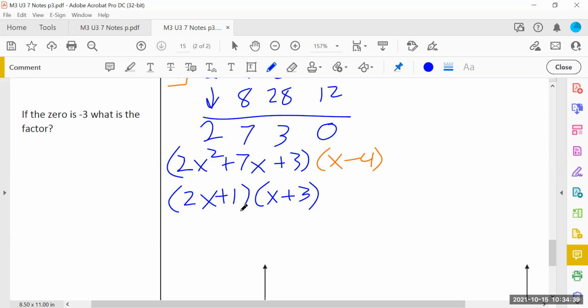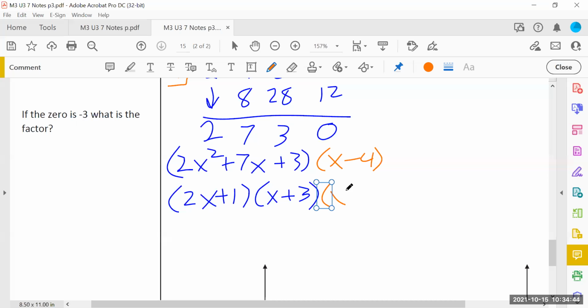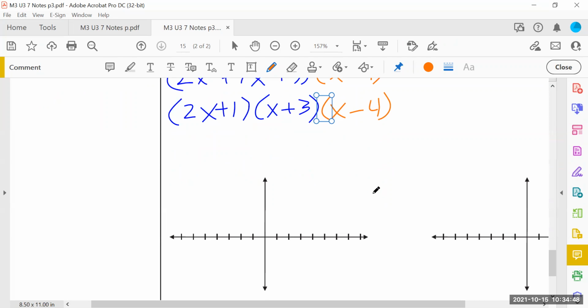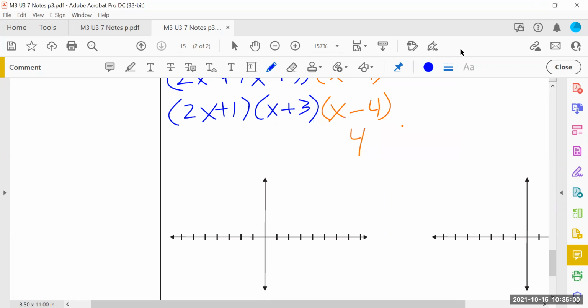So now I have my fully factored equation, and I can graph it, just like we've been doing for everything else. Let's get our x-intercepts pretty quickly here. Ethan, give me an x-intercept. 4. Saul, can you give me another x-intercept? -3. Davian, what's the last x-intercept?